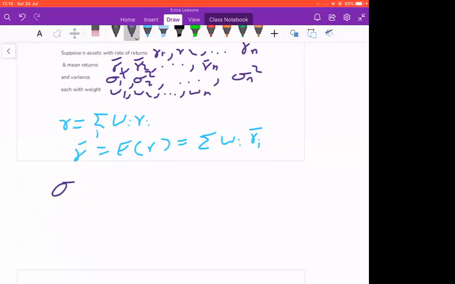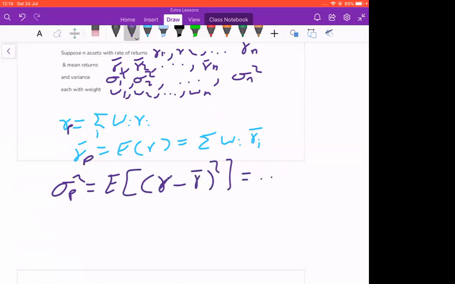The variance of the return of your portfolio is going to be the expectation of (R minus R bar) squared, and what you will have at the end looks something like this.